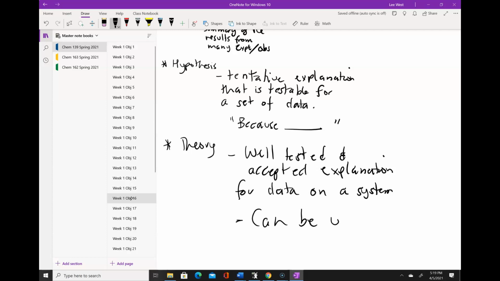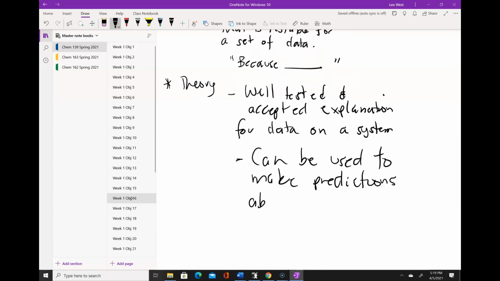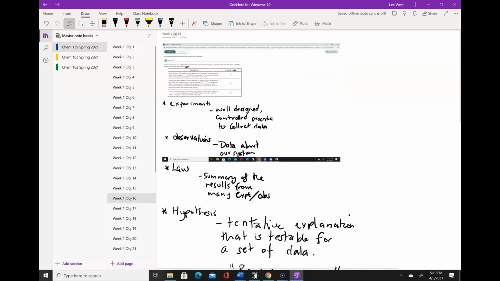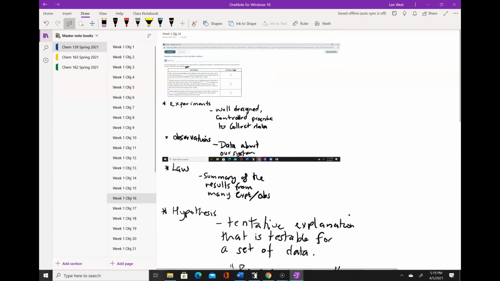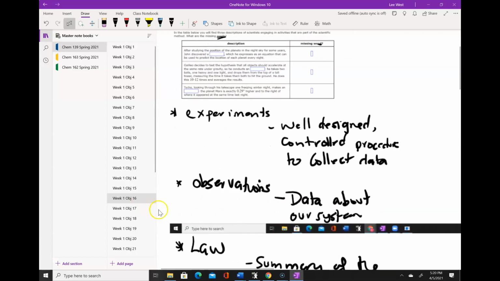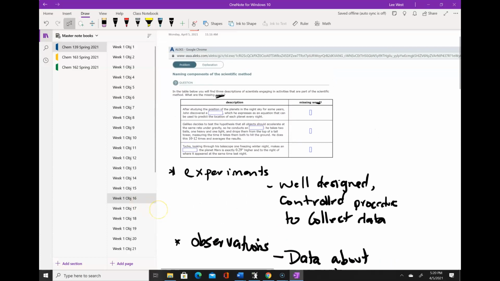It can be used to make predictions about related systems. So keeping that in mind, we've got 1, 2, 3, 4, 5 terms there. Let's see what ones best fit in here.